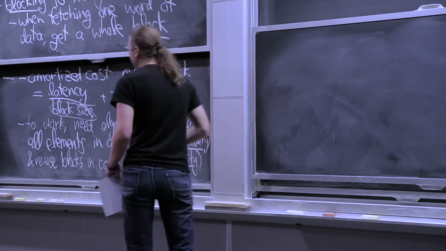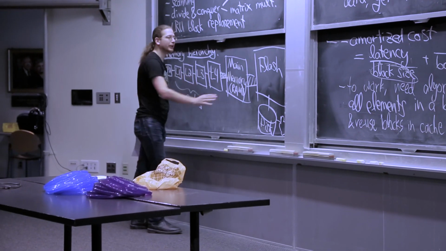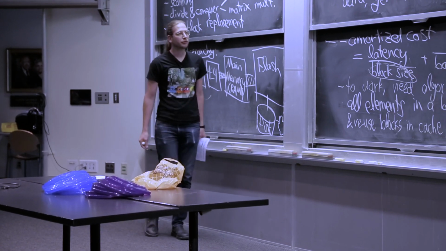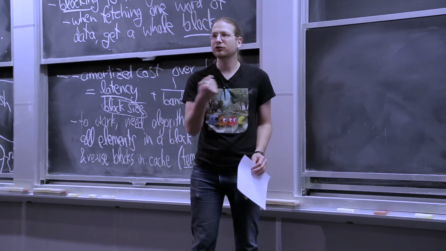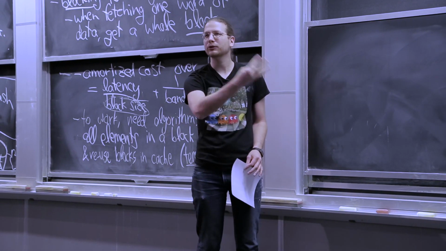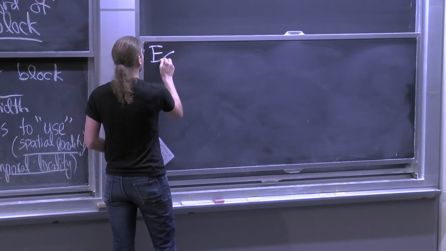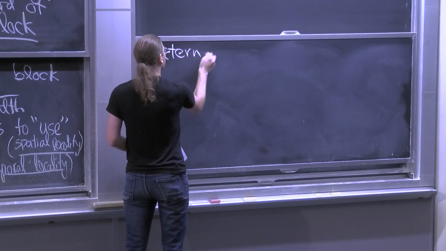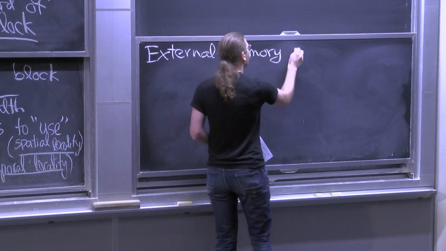Now, it's really hard to think about a memory hierarchy with so many levels. So we're going to focus on 2 levels at a time. The cheap and small cache versus the huge thing, which I'll call disk, just for emphasis. So I'm going to call this 2-level model the external memory model.